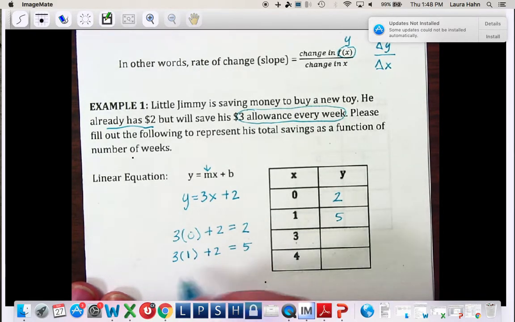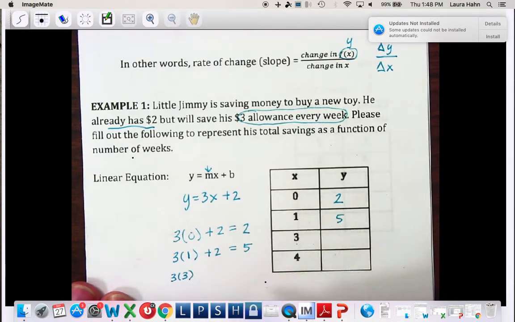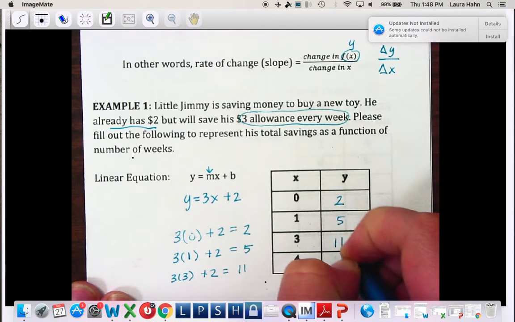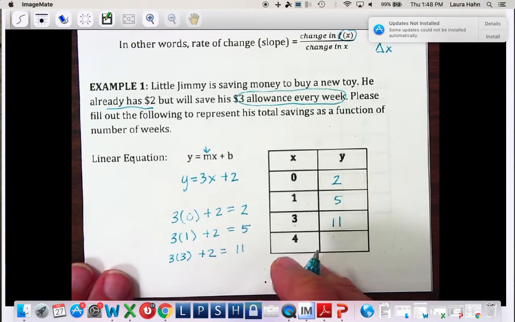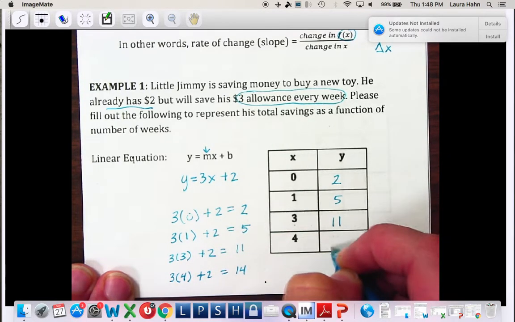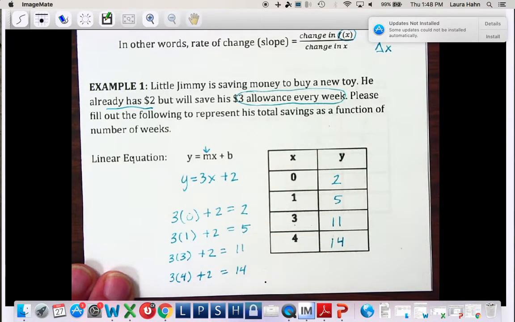Now let's plug in 3, which means after 3 weeks, he'll have $11. And after 4 weeks, $14.